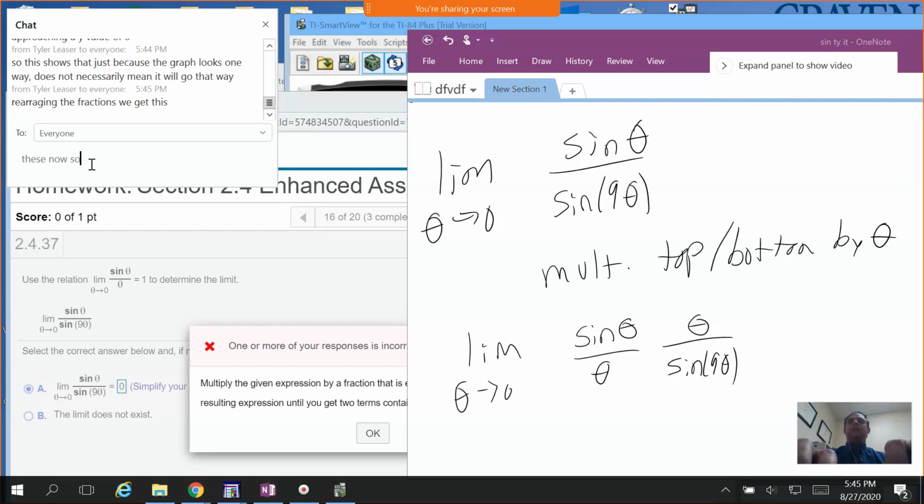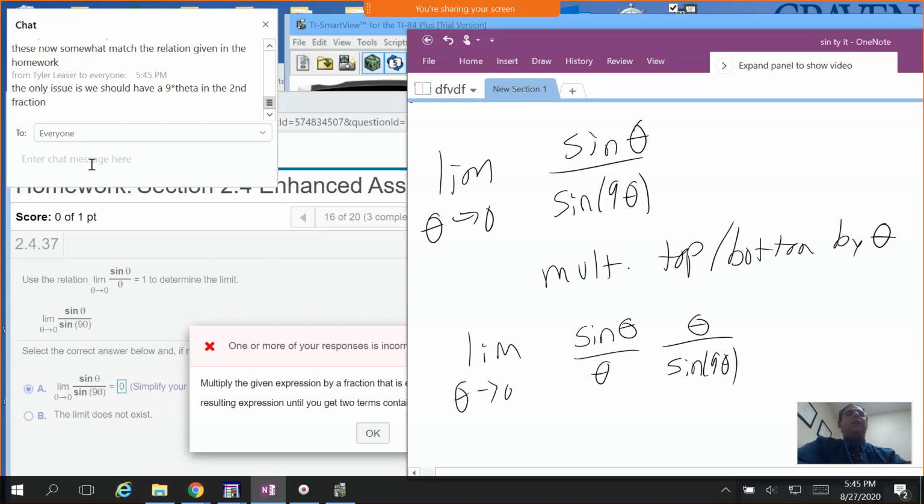These now somewhat match the relation given in the homework. The only issue is we should have a 9 times theta in the second fraction.